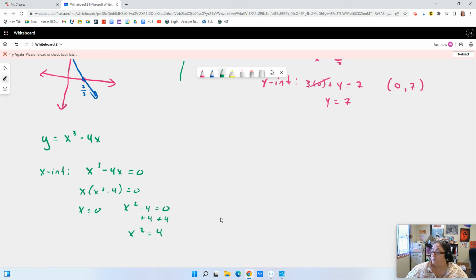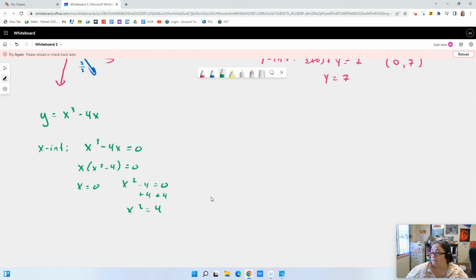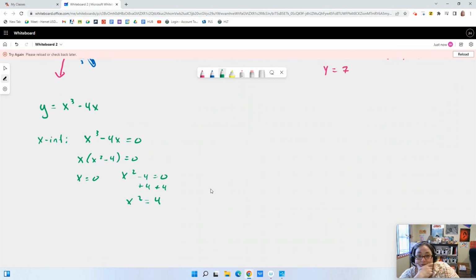Do you guys remember what the solution to x squared equals 4 is if I take the square root of both sides? It's the square root of 4. It is, but what else is it, Kevin? You guys remember if I take the square root of both sides, here I get x.